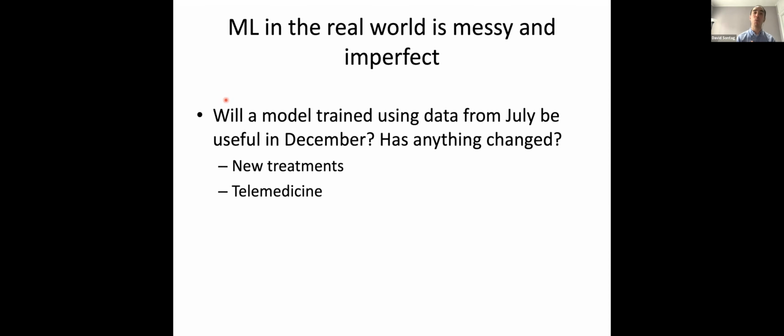For example, you could look at what is the area under the ROC curve when you take that same model and you apply it to patients in August, September, October, November, December. And you can look to see, well, despite the fact that treatments are changing across time, is the relative ranking among patients still relatively consistent?